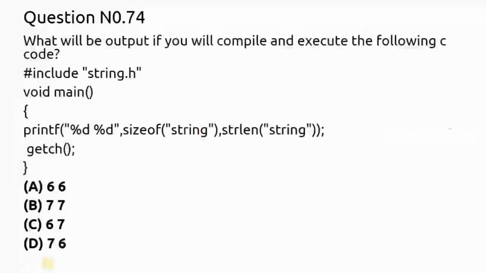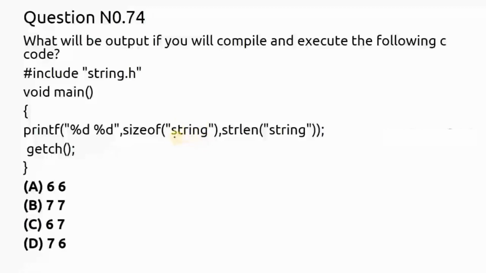So question number 74, here it is given hash include string dot h. In the main printf %ld sizeof string. Remember here it is not exactly with respect to this, here double quote string. So string is one word here. So in order to store one word, one string, how many bytes do I require?